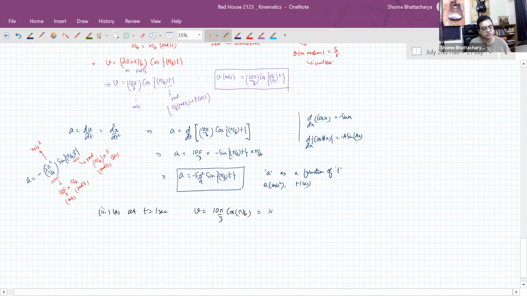So this will become 5 pi by root 3 meters per second. And you can see that the direction is positive.